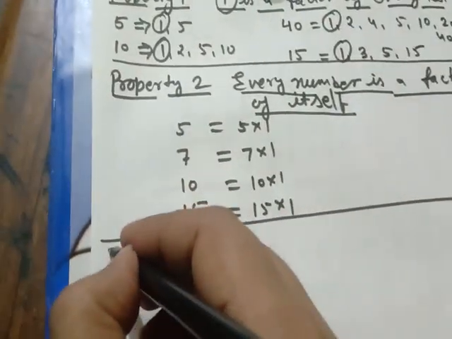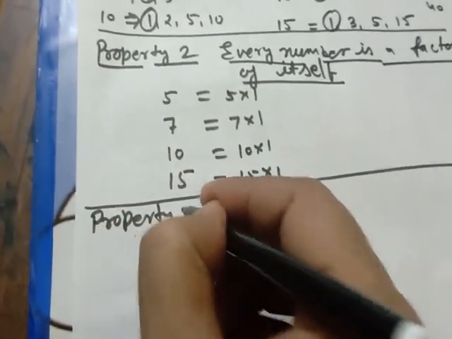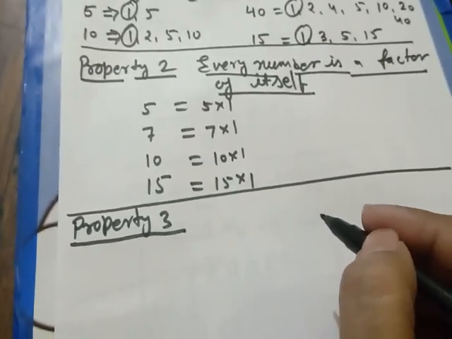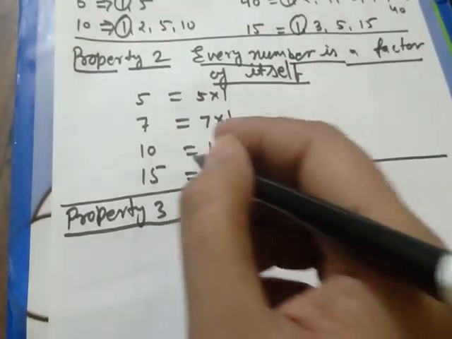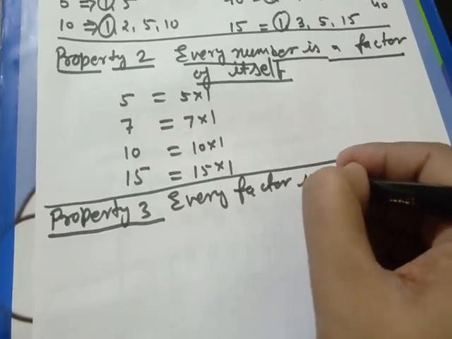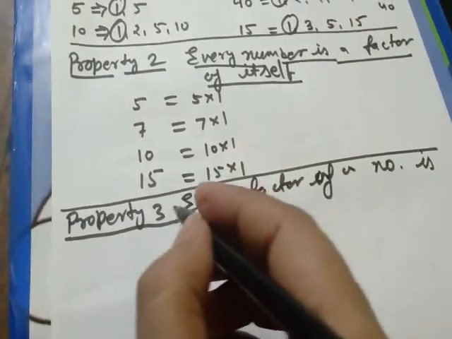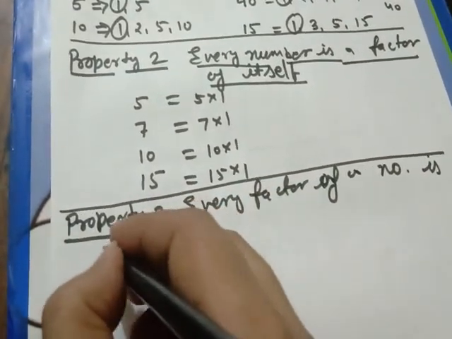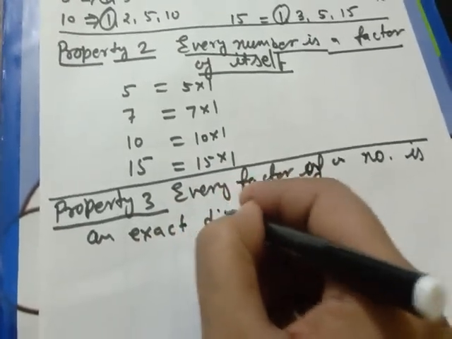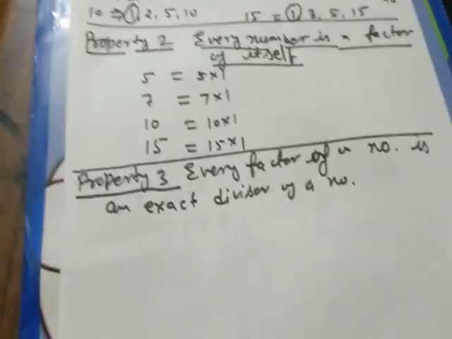Now property number 3. In this property, every factor of a number is an exact divisor of that number. Listen again carefully.